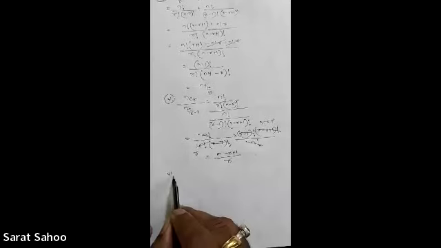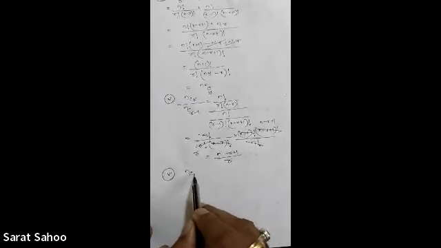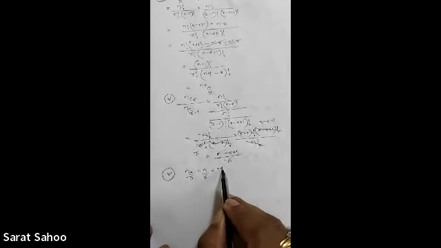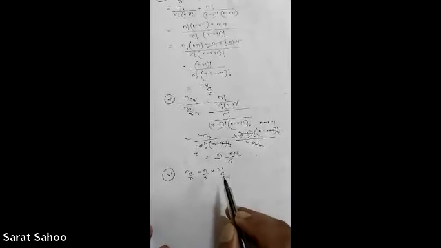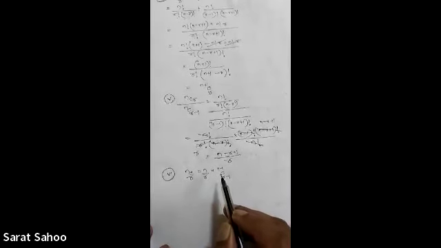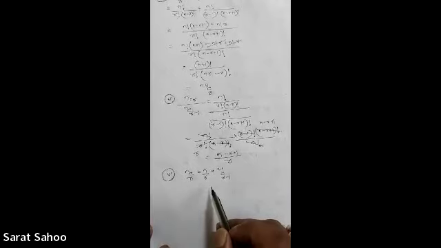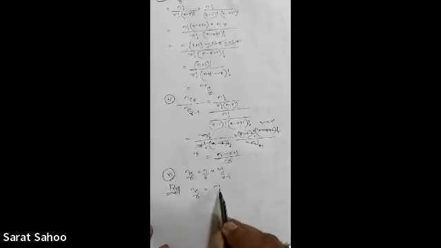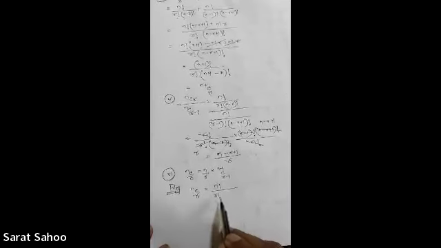Okay, then the sixth bit. nCr is equal to n upon r into (n minus 1)C(r minus 1). nCr is equal to n factorial upon r factorial into (n minus r) factorial.